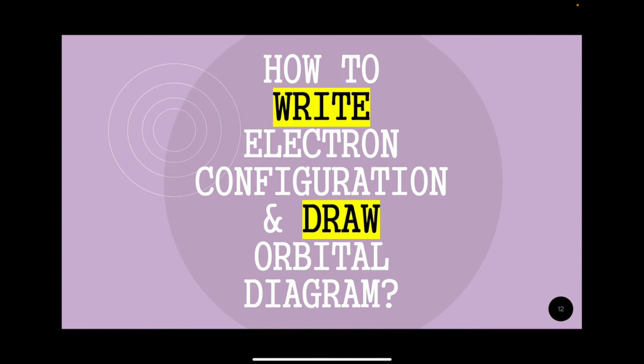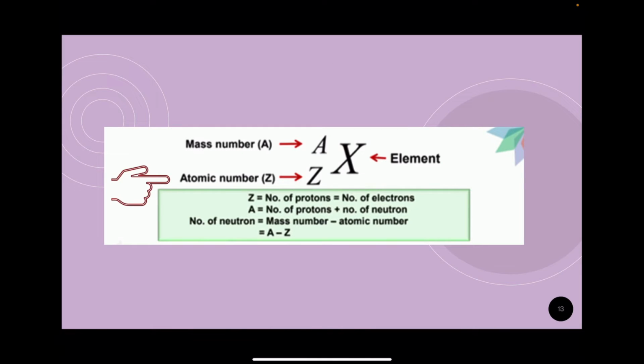Baru kita masuk for the first section, which is how to write down the electron configuration and draw orbital diagram. So before that, kita tengok dulu dekat this one. Okay, I think you are already familiar with this symbol. It indicates the element, atomic number and mass number. The atomic number is equal to the number of protons and number of electrons, while the mass number can be gotten from the number of neutrons plus atomic number.